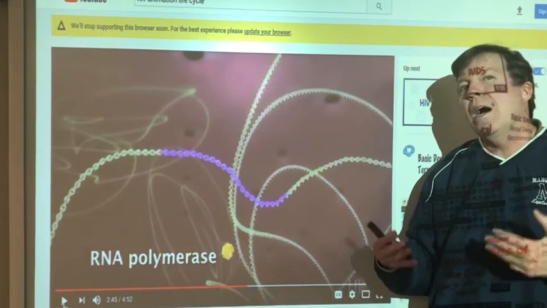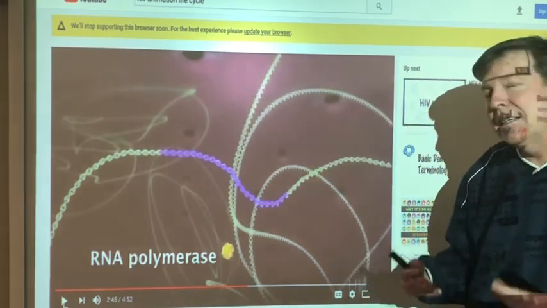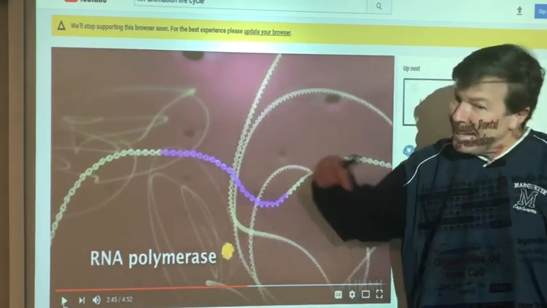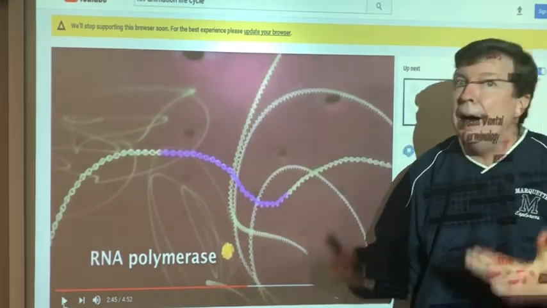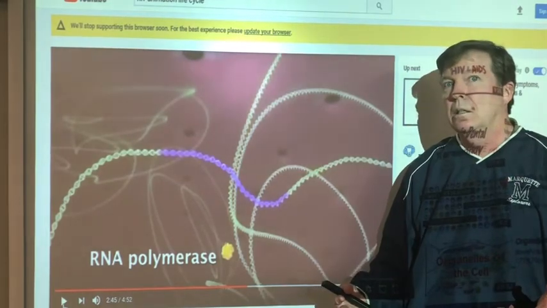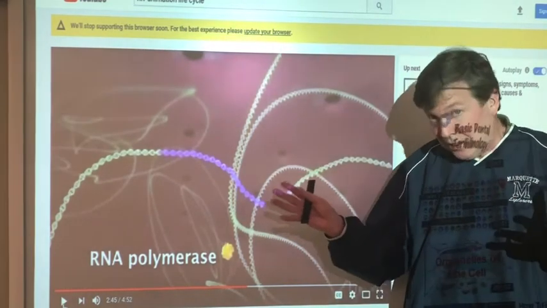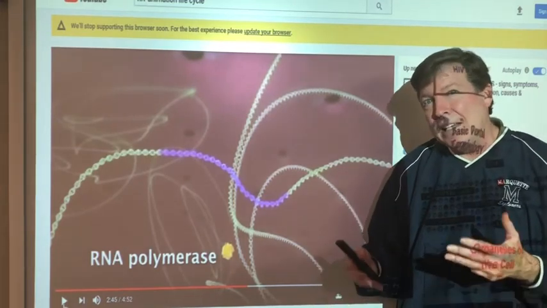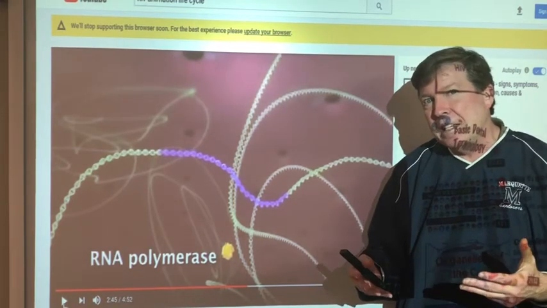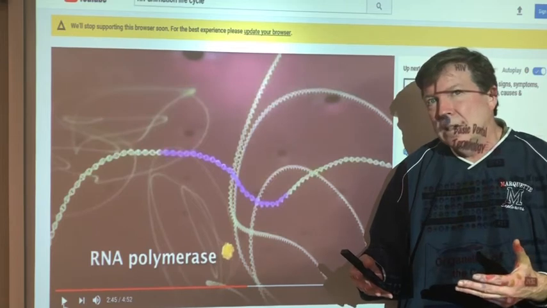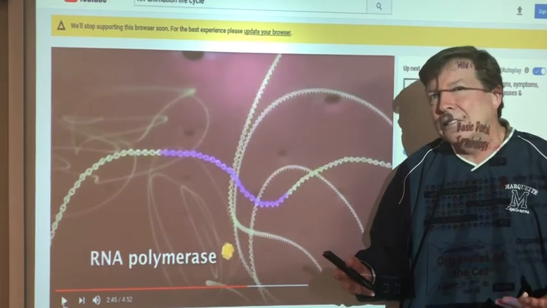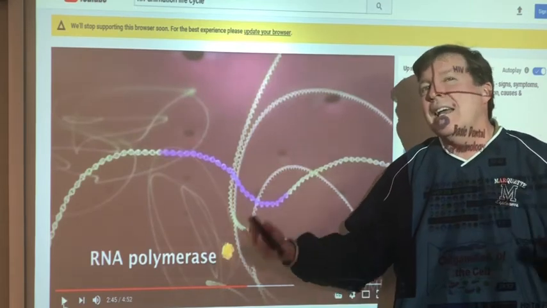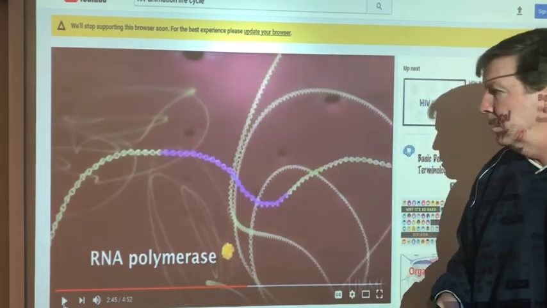And notice, what better place to hide from the immune cells than in the DNA of an immune cell. So this is an insidious HIV viral DNA. It's like a needle in a haystack, just this tiny prophage in this gigantic amount of DNA of the host cell.